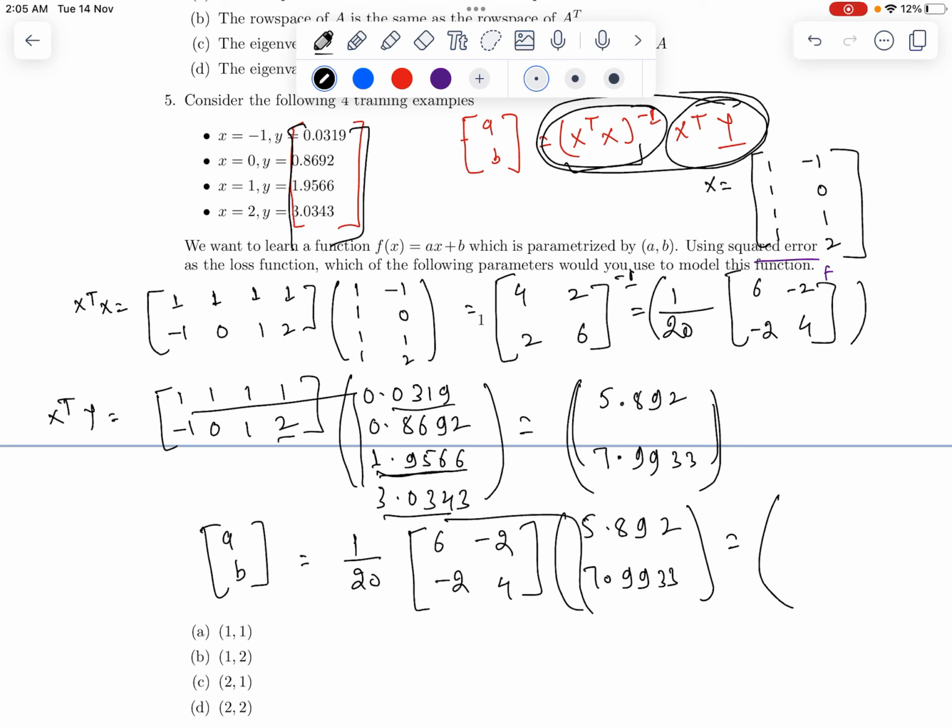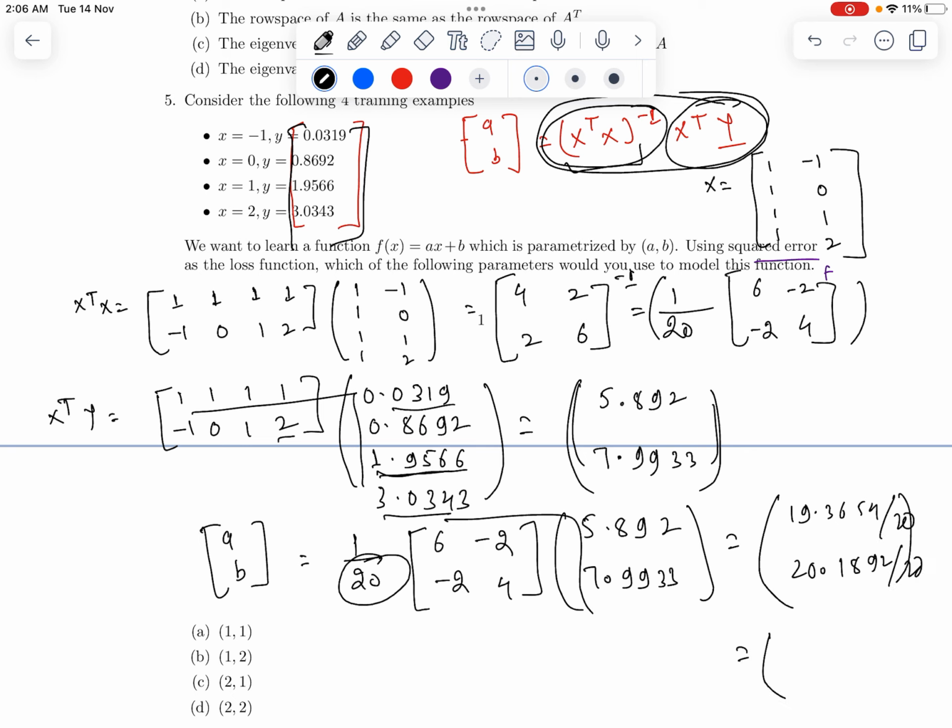So 6 times 5.892 minus 2 times 7.9933 is 19.3654, and 4 times 7.9933 minus 2 times 5.892 will be 20.1892, and these terms are divided by 20.